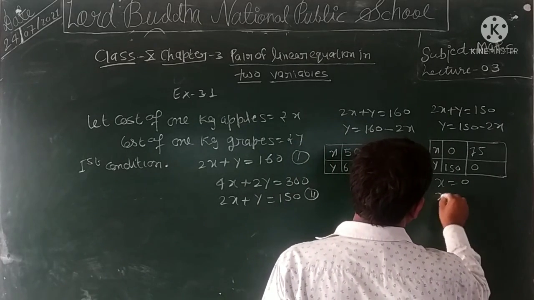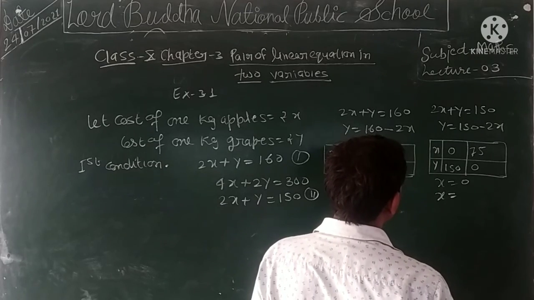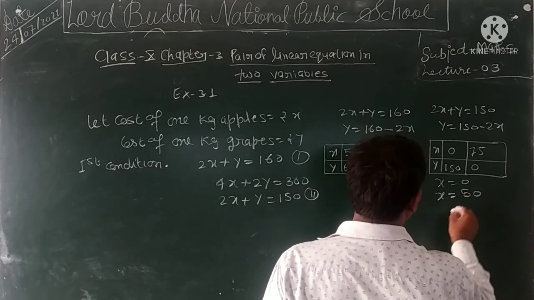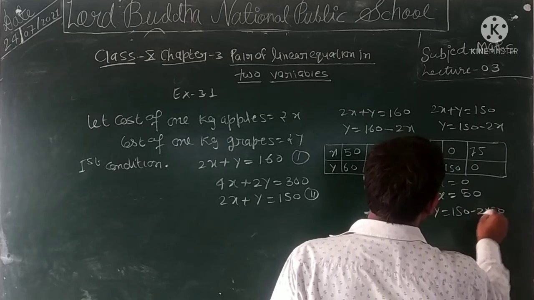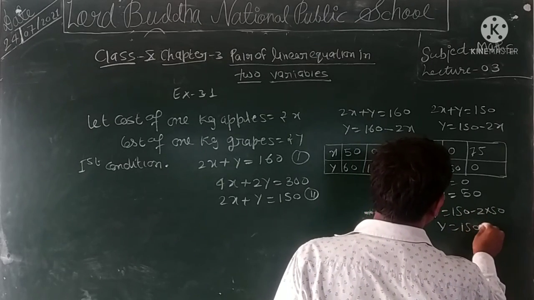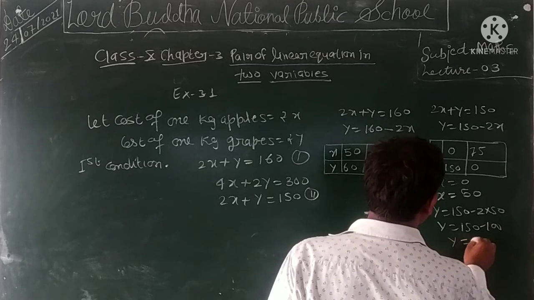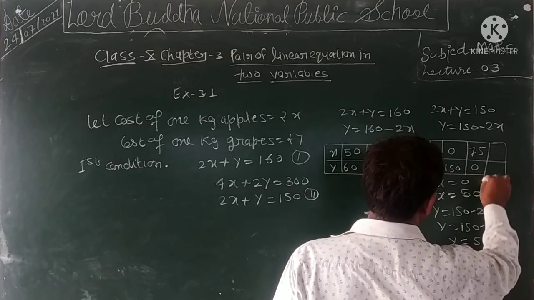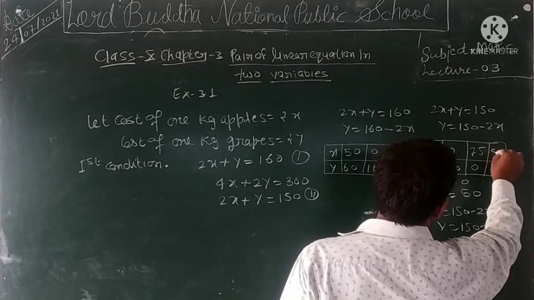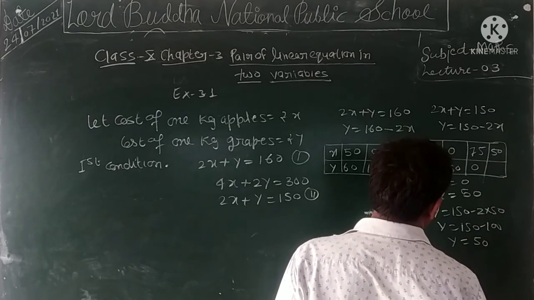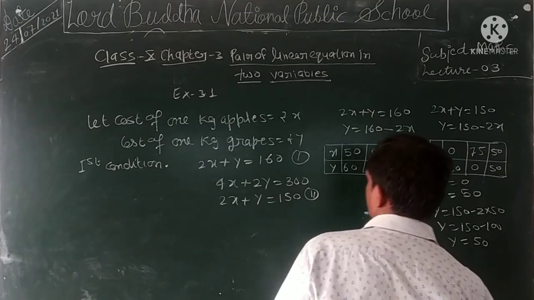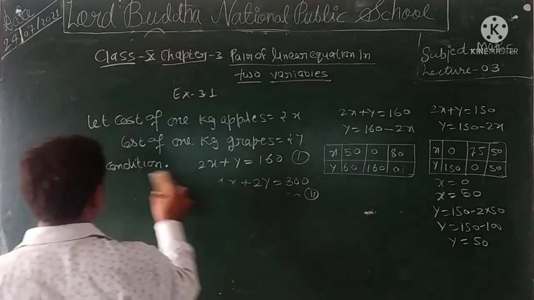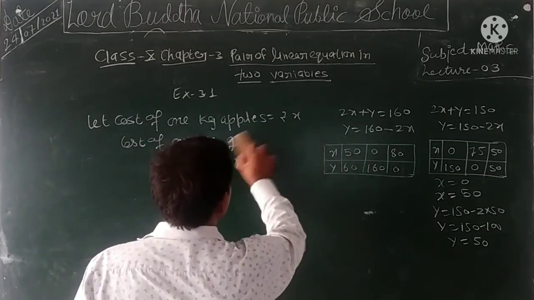We take X equal to 50. So Y equal to 150 minus 2 into 50, so Y equal to 150 minus 100, so Y equal to 50. Here 50 and here also 50.